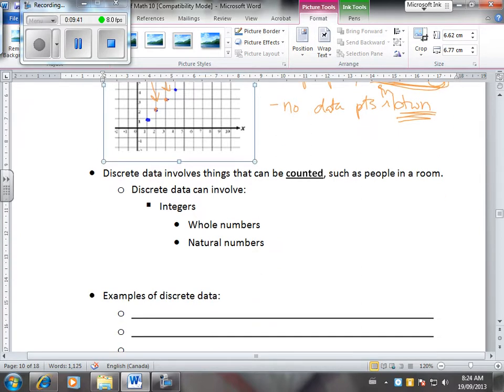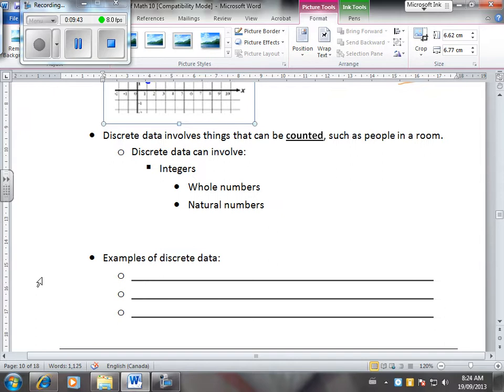So where continuous data was real numbers, discrete data are things like integers, and the symbol for integers, remember, was I. Whole numbers, what was the symbol for whole numbers? It's W, and then natural numbers. Integers are numbers that are on a number line.